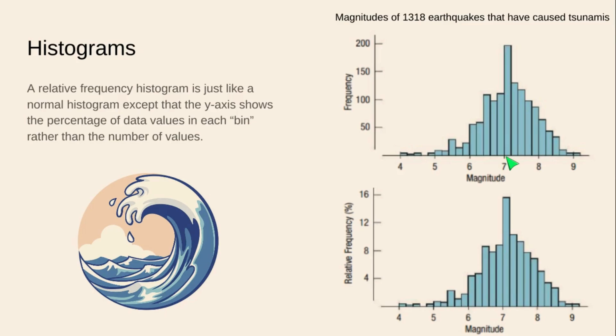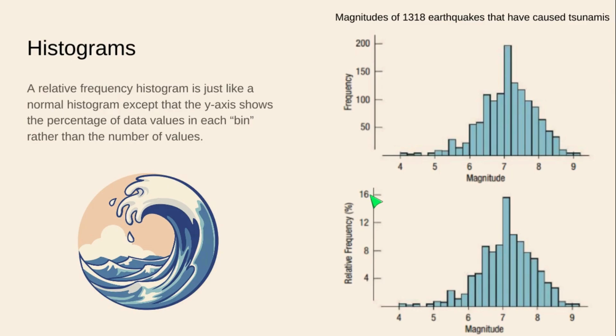So looking down here, we can see this tall bar corresponds to this tall bar right here, except instead of saying, oh, in our 1,318 earthquakes that caused tsunamis, a little less than 200 of them were between a 7 and a 7.1, down here we can see that about 16% of the total were between 7 and 7.1.